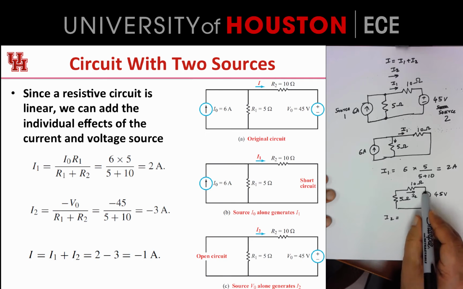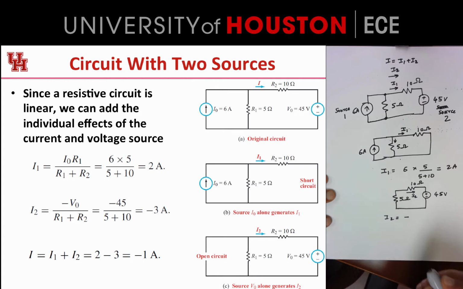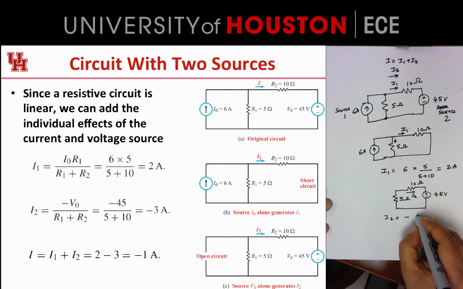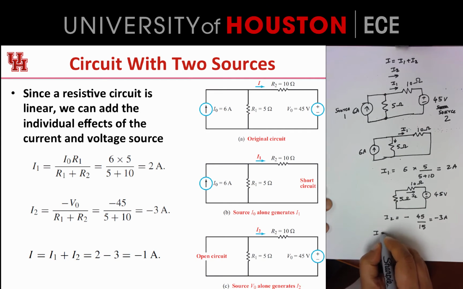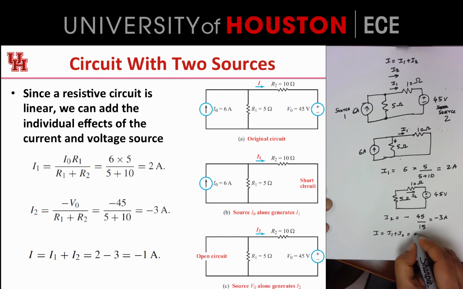Now remember, the current is going to be flowing this way because this is positive, but if I want to count the current going this way, I'll have to put a minus sign. So the total current is going to be 45 volts divided by 15 ohms, so this is going to be minus 3 amps. So I, which is I1 plus I2, is 2 minus 3, which is minus 1 amp. That's the answer.